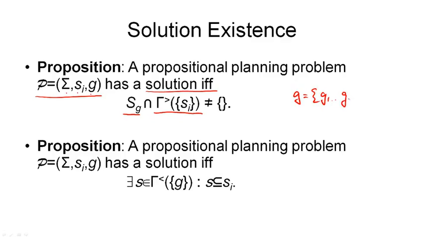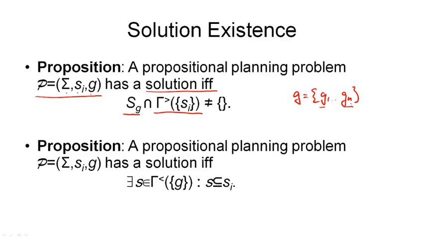Let's call them G1 through Gn here. Now, a corollary of our original proposition is that each of these individual sub-goals must be true in some reachable state. It is, of course, trivially true because they will all be true in the reachable goal state.